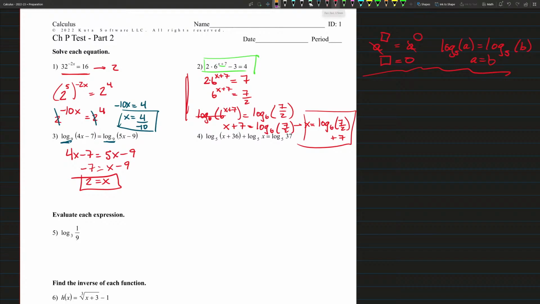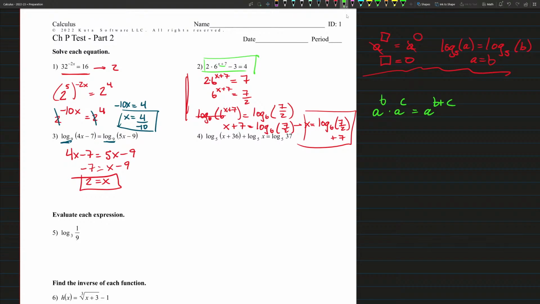We went over rules of exponents in class, and that says that if we multiply something with the same base, so a to the power of b times a to the power of c, we get a to the power of b plus c. The same is true for logarithms.